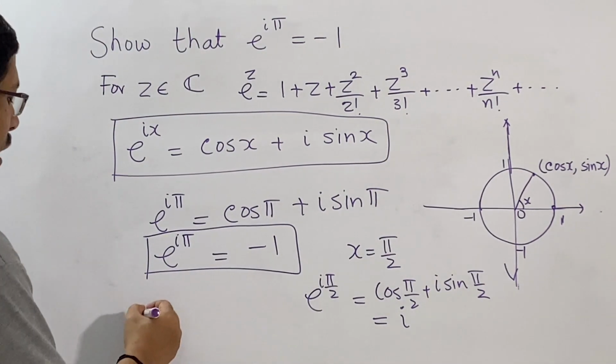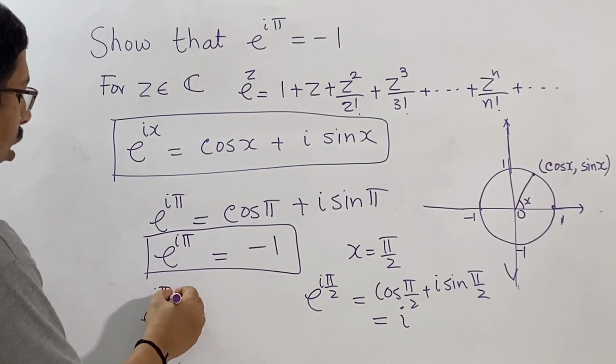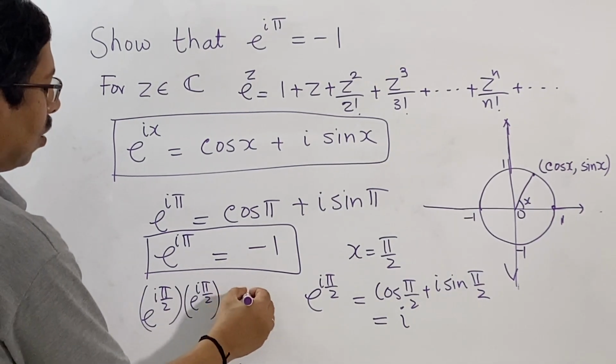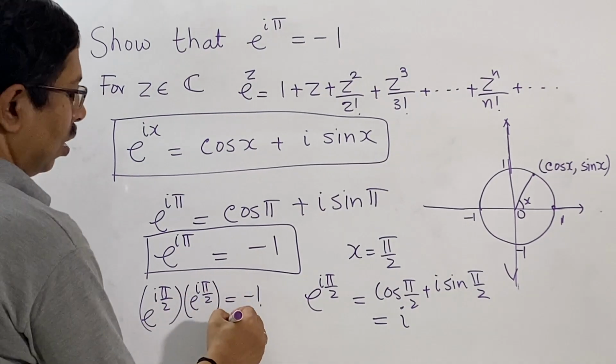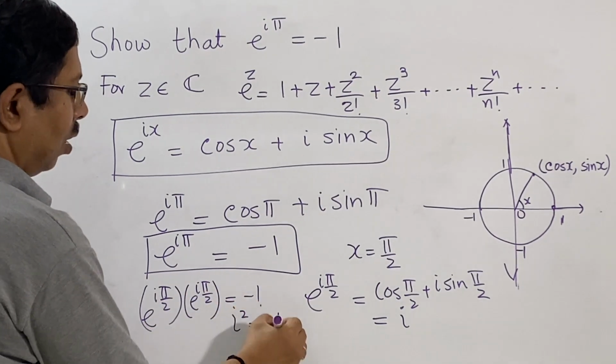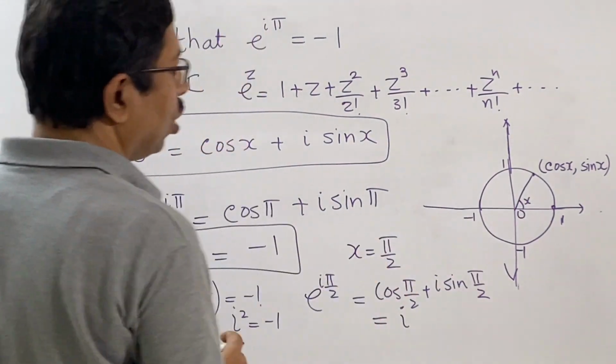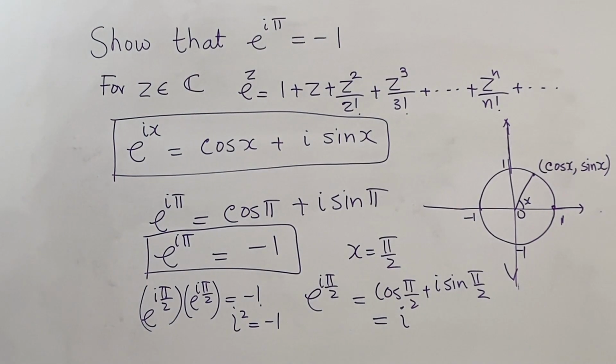So e to the power i pi by 2 into e to the power i pi by 2 gives us minus 1, which is again consistent with the fact that i square is equal to minus 1. So the interpretation of i as an anti-clockwise rotation operator which rotates through an angle of 90 degrees is a very powerful representation for understanding complex numbers.